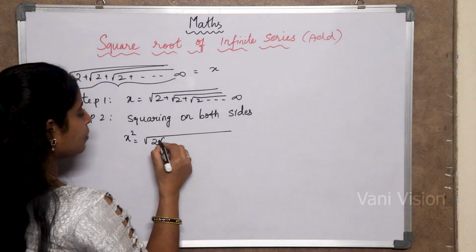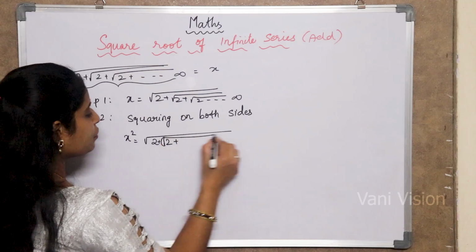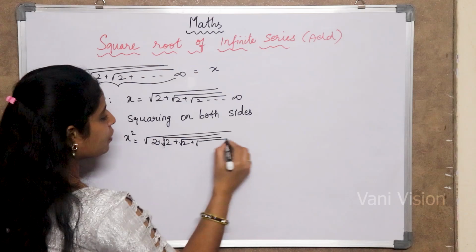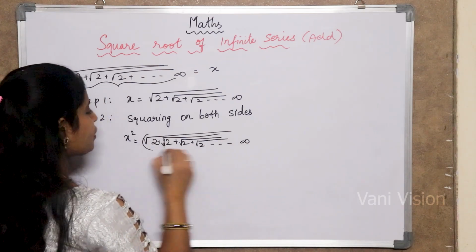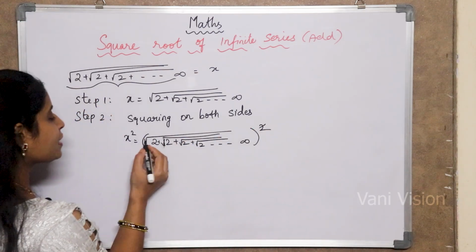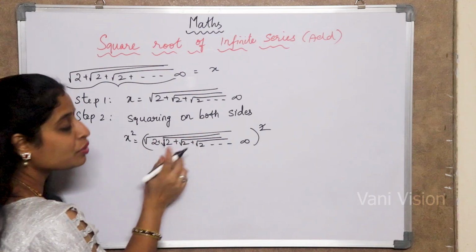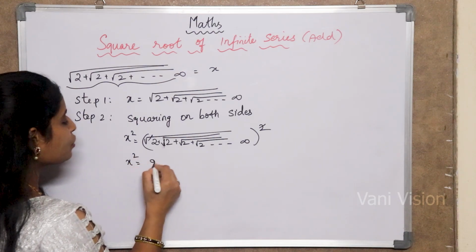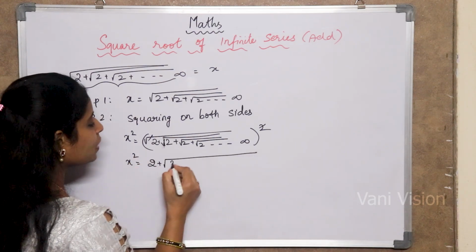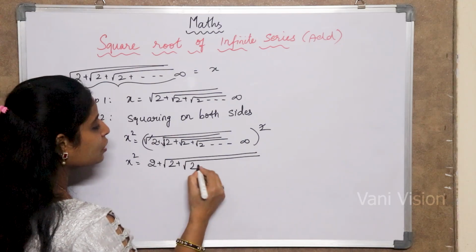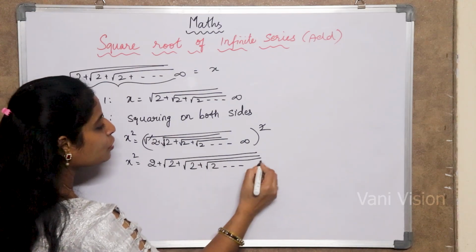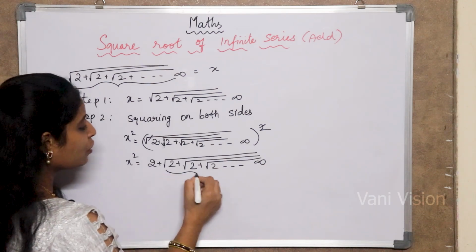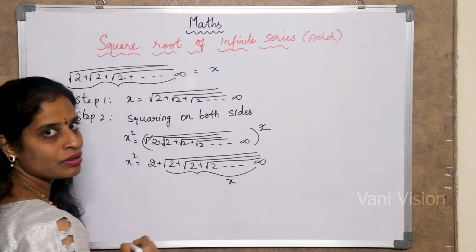We get x squared is equal to 2 plus root 2 plus root 2 so on to infinity. Squaring on both sides, the first square root of the 2 gets cancelled. Clear? Then x squared is equal to 2 plus root over 2 plus root over 2 plus root over 2 so on to infinity. Now we know what this is: this is equal to x.